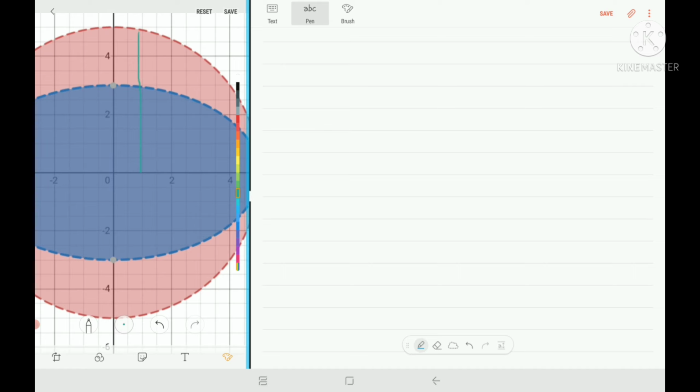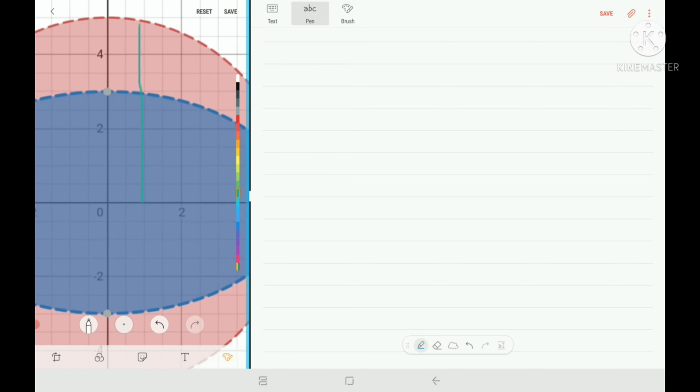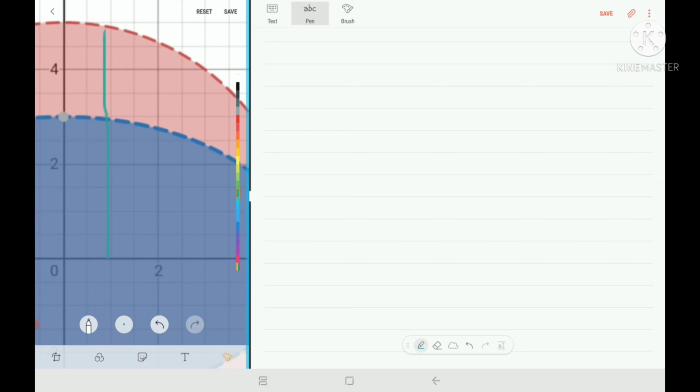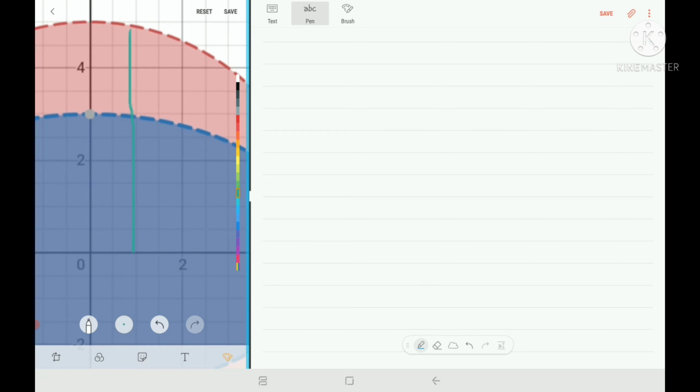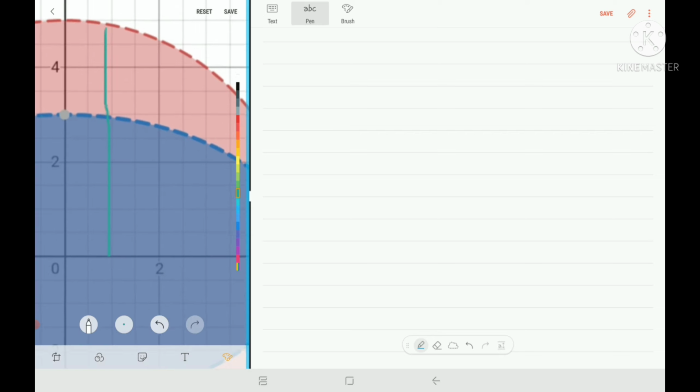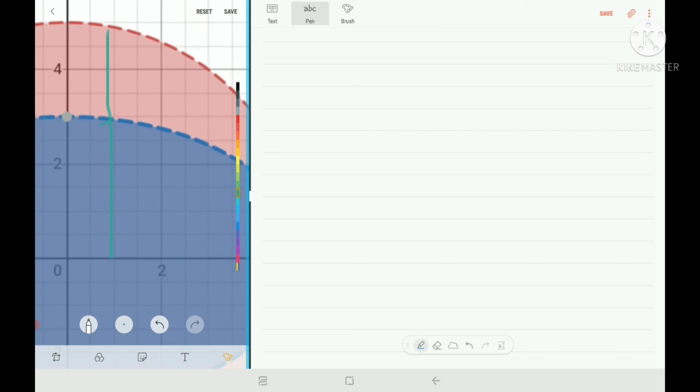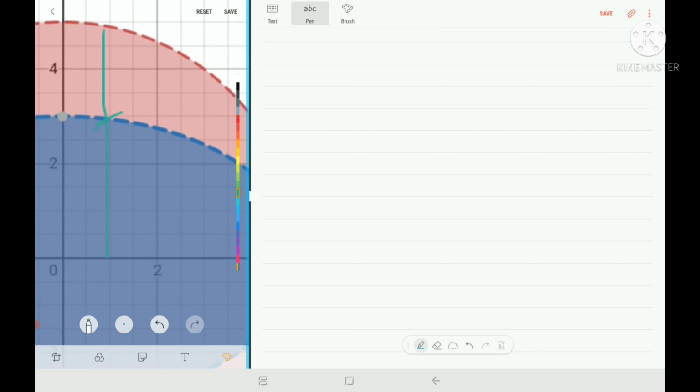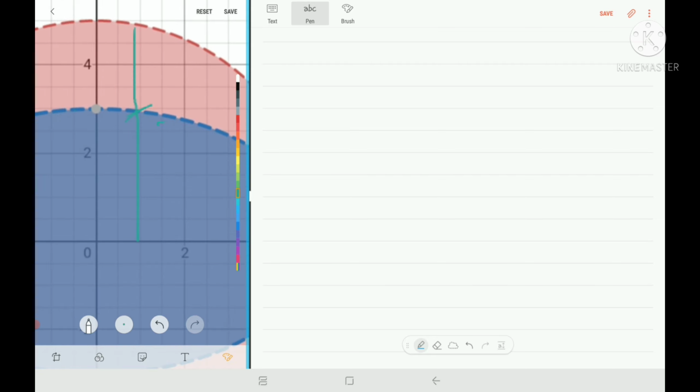As you can see, the perpendicular to the major axis that I have drawn is cut at this point. We can find the length of this segment and the length of this segment. Let me name this segment A and this segment B.